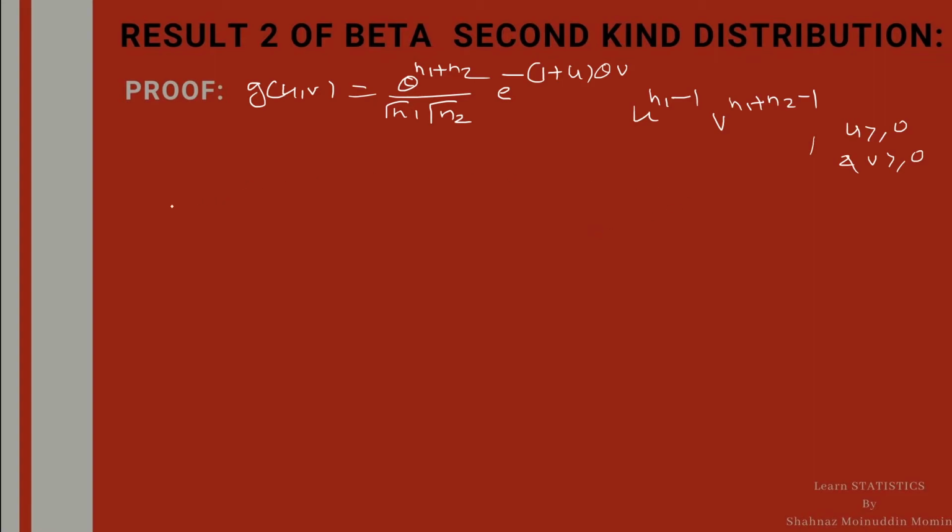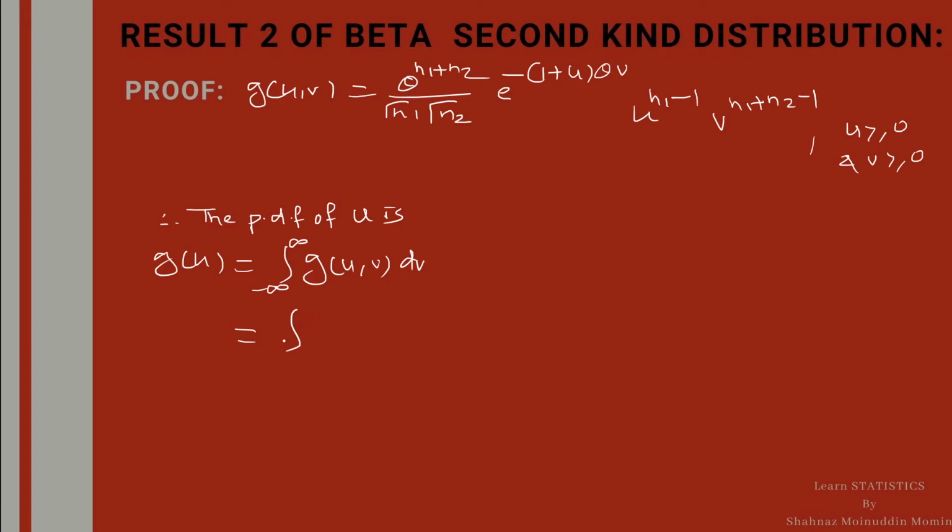So the PDF of u is g(u) equal to integration from minus infinity to infinity of g(u,v) dv. But we know that v is a gamma variate and its range is 0 to infinity, so integration of g(u,v) dv.